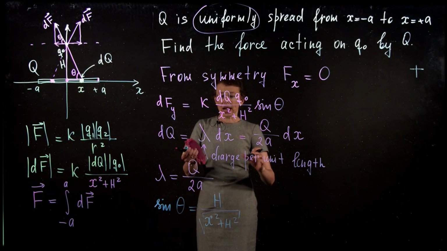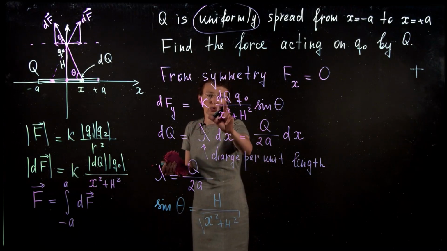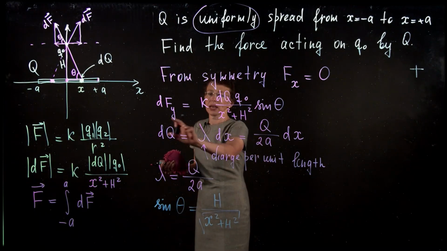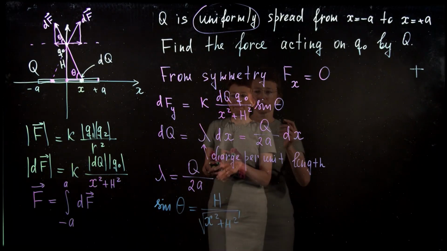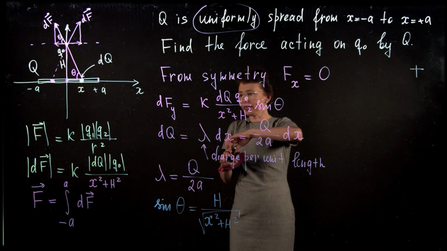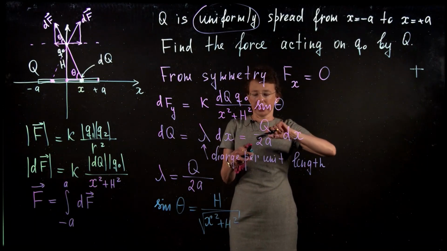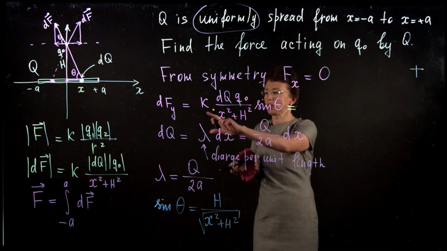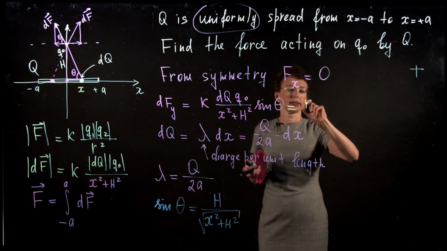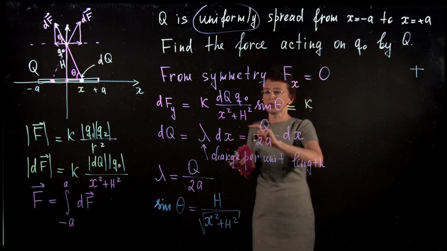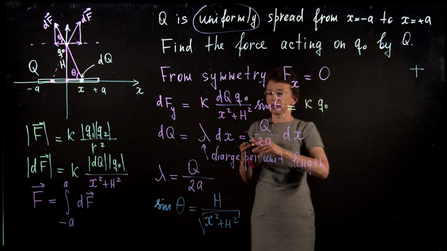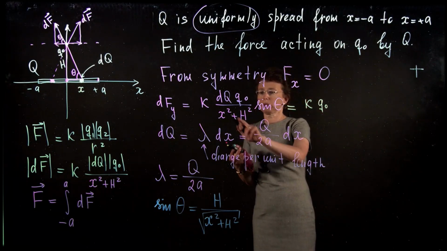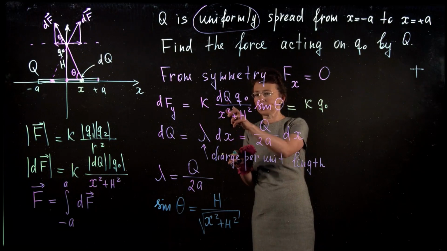So now let's bring dq and sine theta back to our dFy. So I have dFy, and it is equal to k q naught divided by x squared plus h squared, but before it, let's write dq.